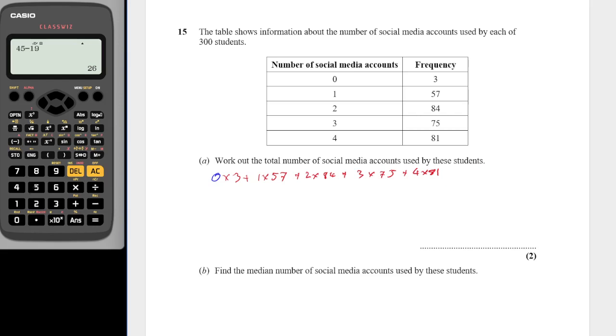Don't need to do the first one, so 1 times 57 will just be 57 plus 2 times 84 plus 3 times 75 plus 4 times 81. So that's going to give me 774.